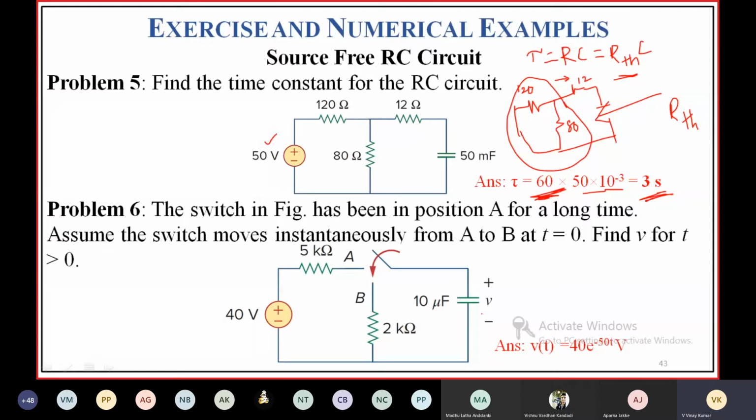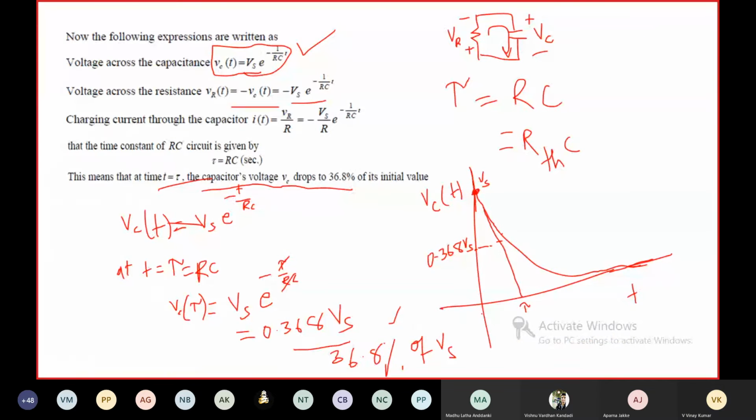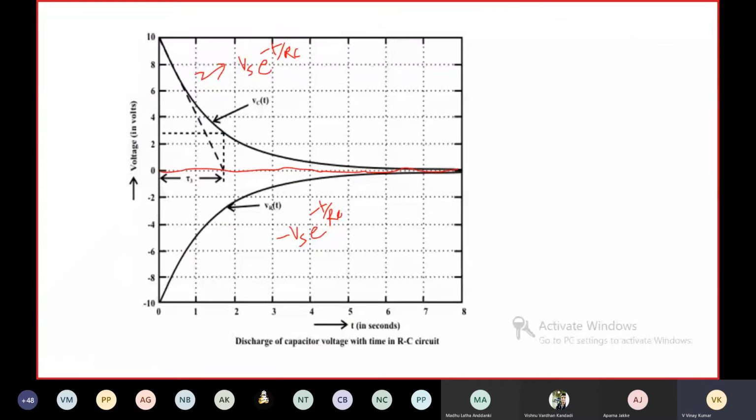Coming to the next question. The switch in figure has been in position A for a long time. Here finally we got the expression like this, right? What is the expression? Vc of t is equal to Vs into e power minus t by RC.